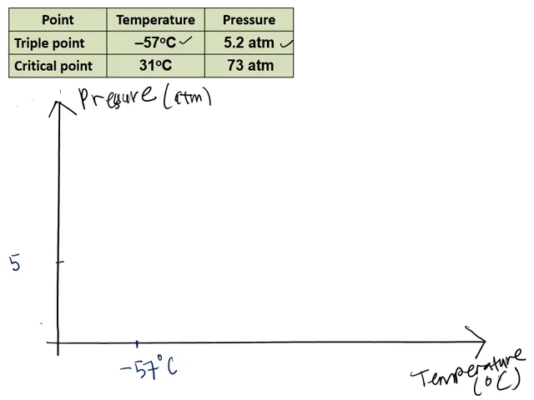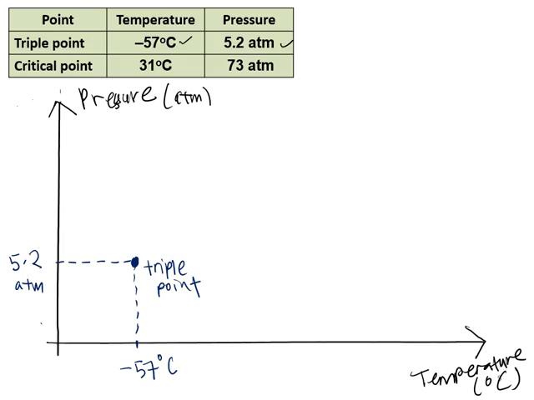Okay, di sini adalah 5.2 atm. So, kita akan extrapolate. Okay, intercept for the pressure and temperature di sini label as triple point. Sebab dia bagi kat sini kan, triple point negative 57 degree Celsius and the pressure is 5.2 atm.